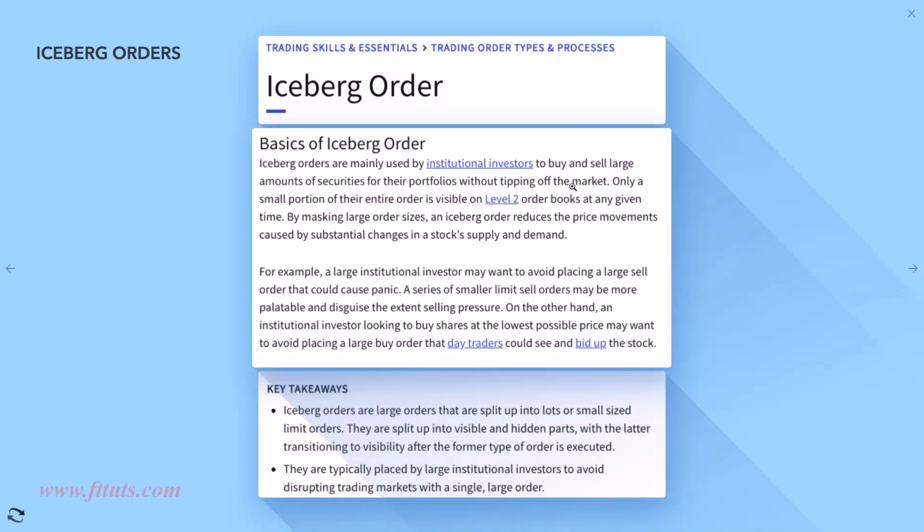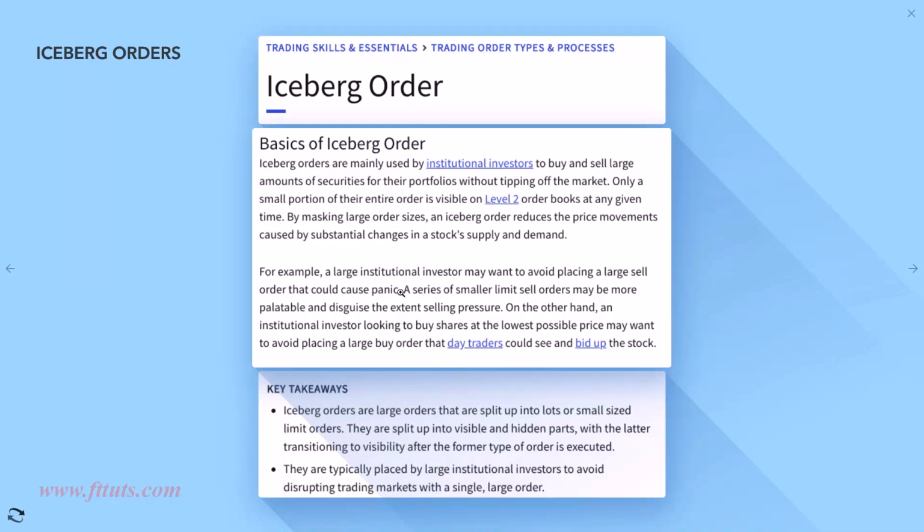Only a small portion of their entire order is visible at any given time. By masking large order sizes, an iceberg order reduces price movements caused by substantial changes in a currency's supply and demand. For example, a large financial institution may want to avoid placing a large sell order that could cause panic.